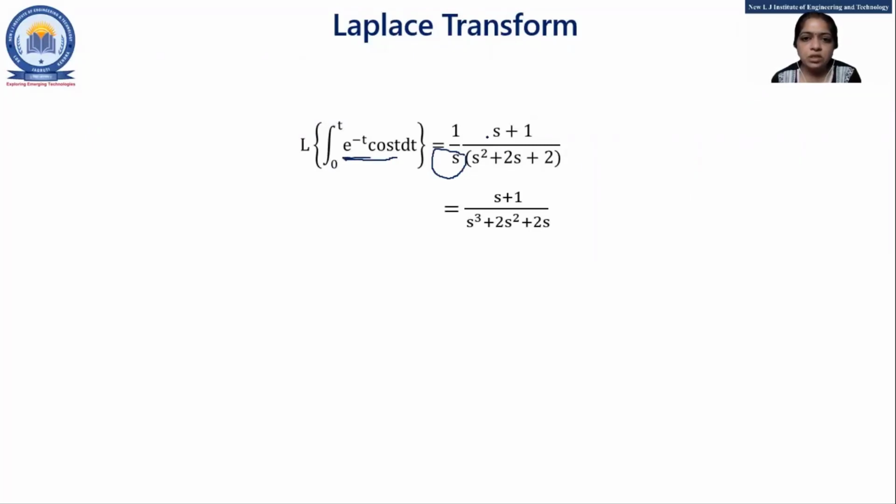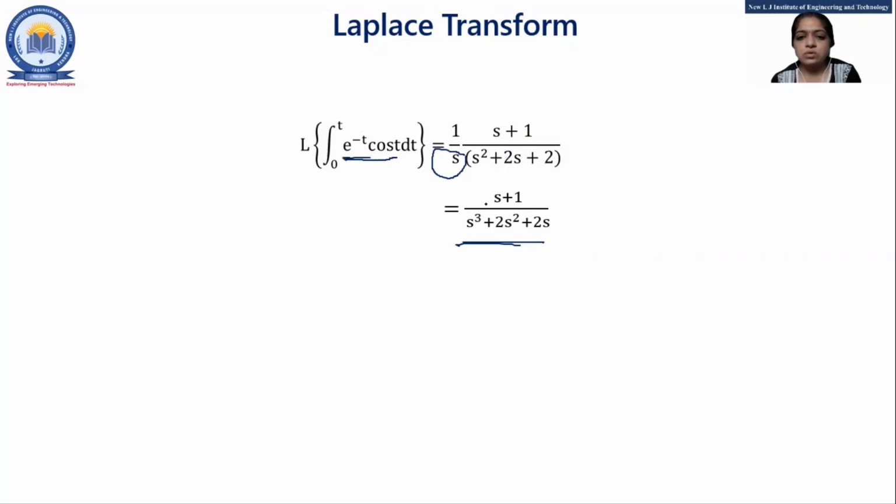So our Laplace of function of t is what? s plus 1 upon s square plus 2s plus 2. For the Laplace of integral 0 to t dt, we have to just put s in the denominator. So after simplification, this is our answer.